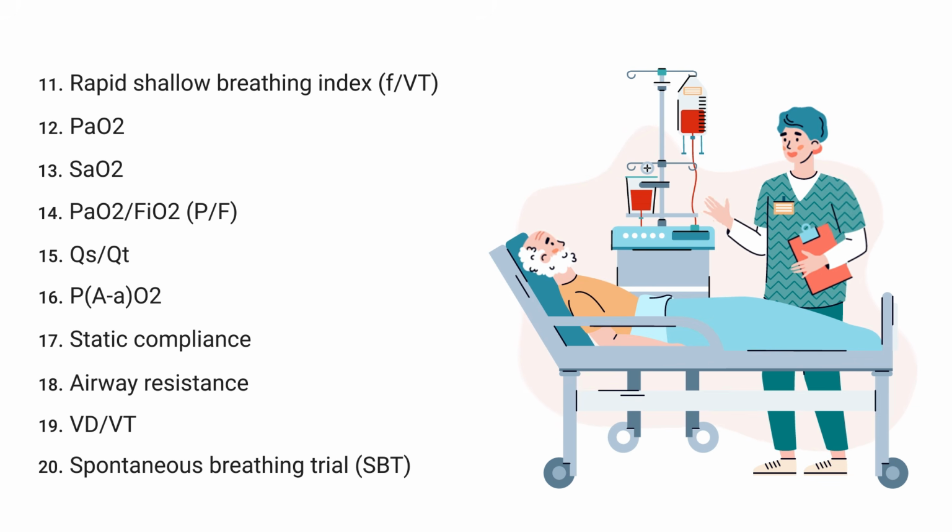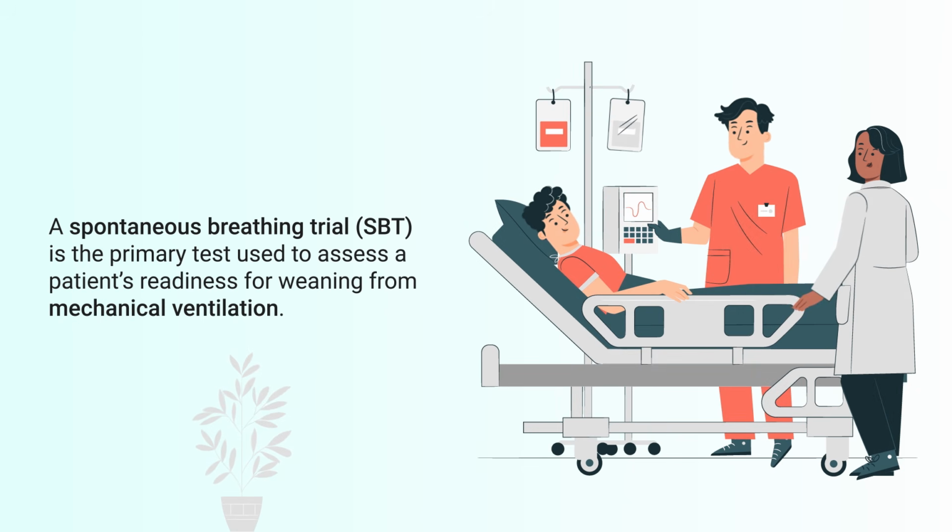And again, the acute condition that initially required mechanical ventilation must be resolved or significantly improved in order for weaning to be successful. And just a reminder, a spontaneous breathing trial is the primary test used to assess a patient's readiness for weaning from the ventilator.